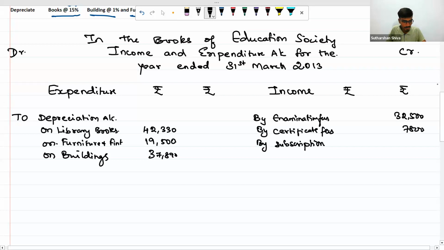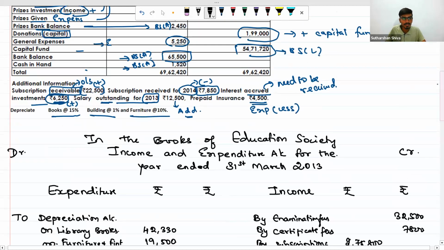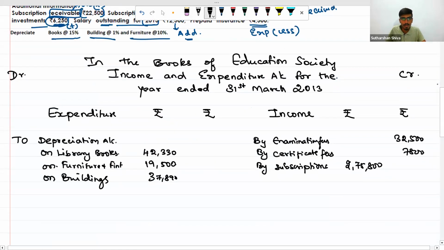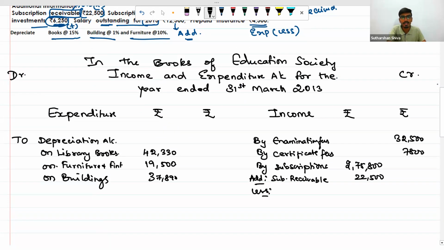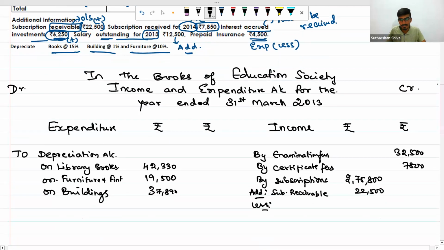Then we have subscription. In the majority of the questions, in subscription we will have adjustments. 2,75,800. What are the adjustments? Subscription receivable. Add subscription receivable, that is 22,500. Less subscription received, that is 7,850.